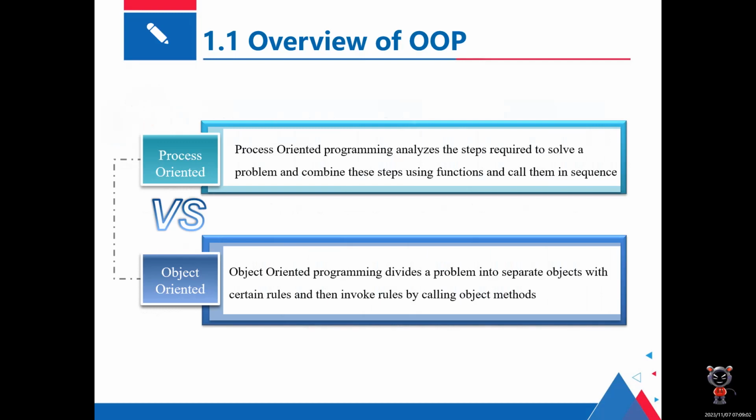In comparison, object-oriented programming divides a problem into separate objects, where each object has certain rules and behavior. We can invoke these rules by calling object methods to solve the problem. In this way, object-oriented programming reduces the complexity of the problem by dividing it into different and separate objects.